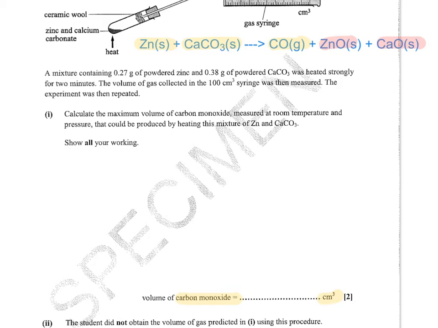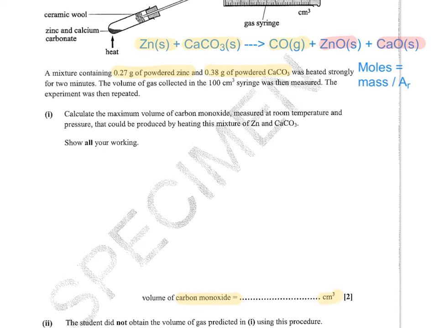Okay, so the mixture contained 0.27 grams of powdered zinc and 0.38 grams of powdered CaCO3. First thing I would think if I saw that is there's going to mean some moles equals mass over atomic mass somewhere.